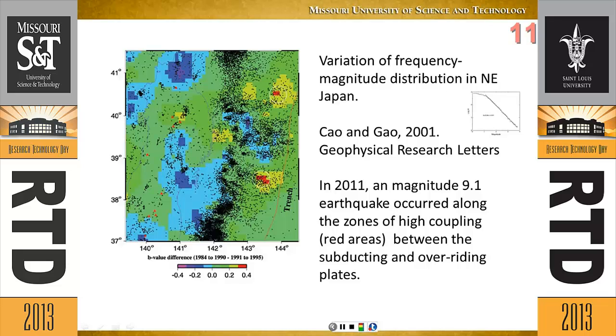The idea is that you have more small earthquakes than big ones, so the slope is actually a straight line. We found these two areas had a very big change before and after 1995, I think. Then 10 years later, a huge earthquake occurred, from here all the way to here, all the way to there.